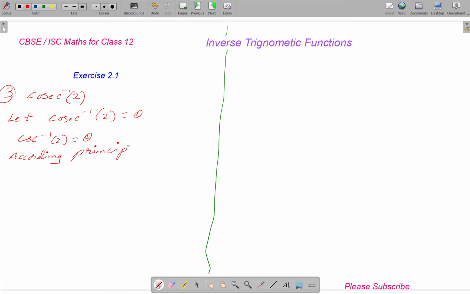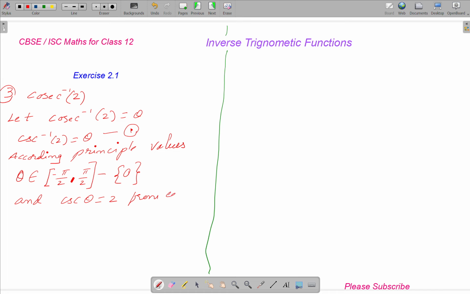theta is an element of the closed interval minus pi by 2 to plus pi by 2, excluding 0, and cosec theta is equal to 2, from equation 1.